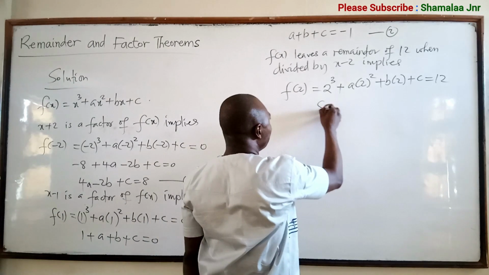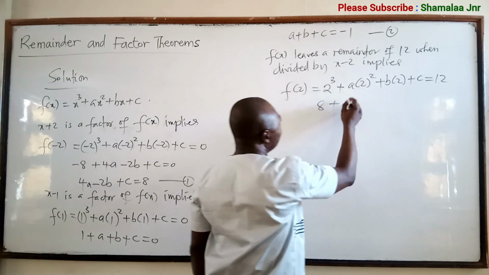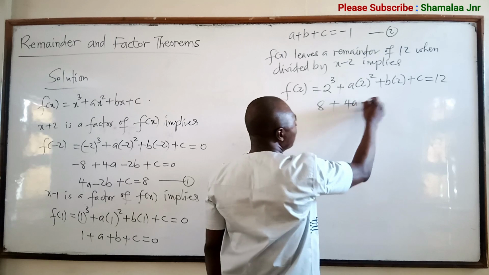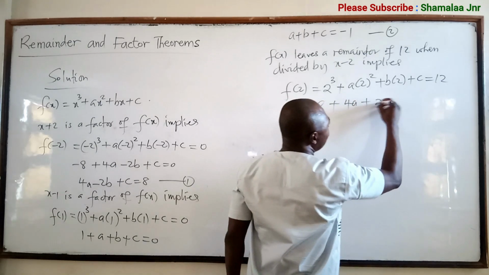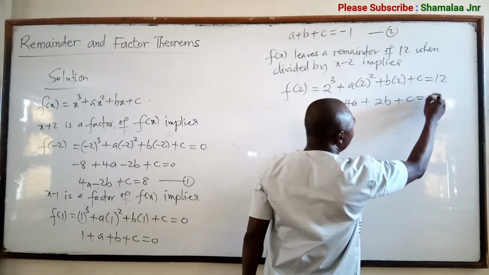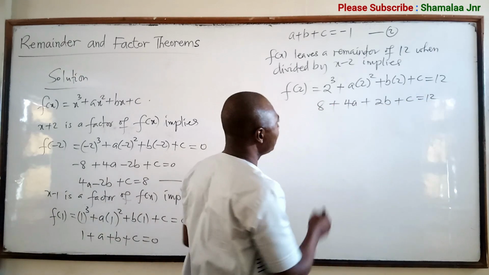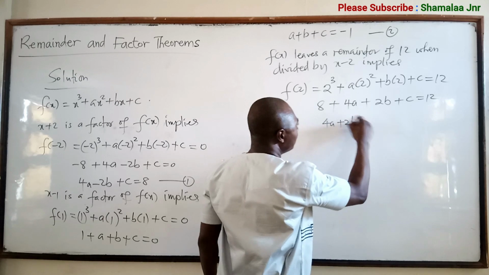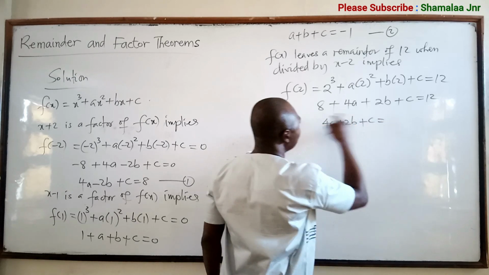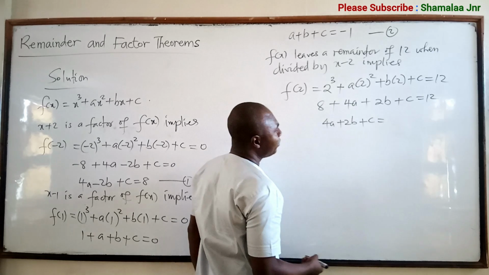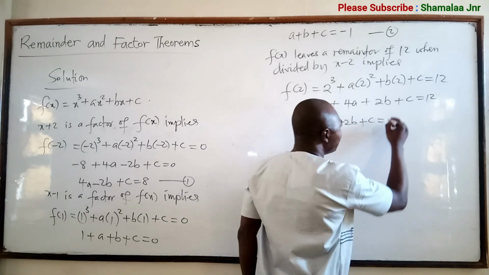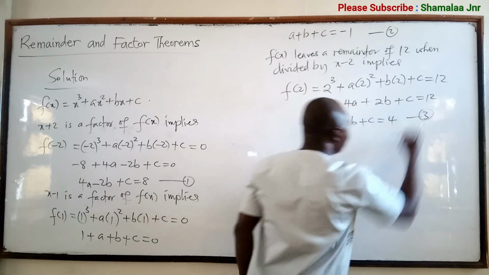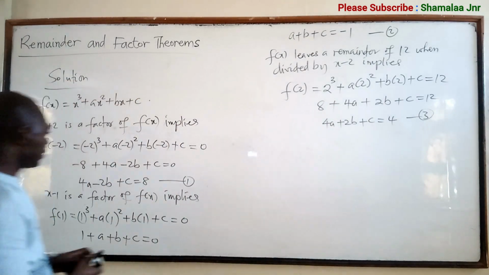So 2 raised to the power 3 is 8, plus 4a plus 2b plus c is equal to 12. So 4a plus 2b plus c is equal to 12 minus 8, that will be 4. Equation number 3.